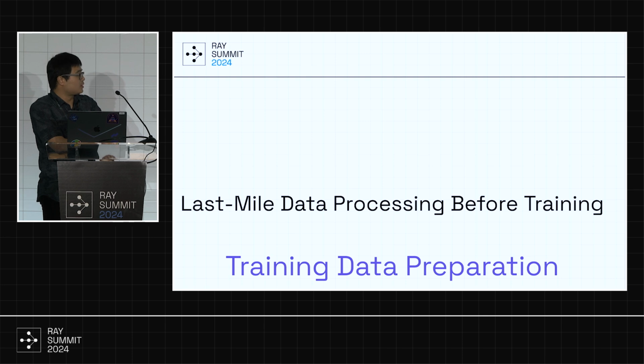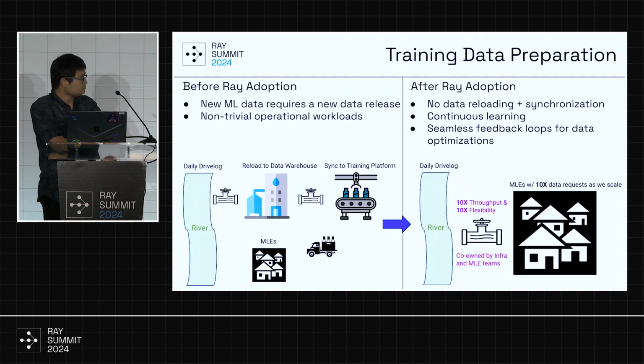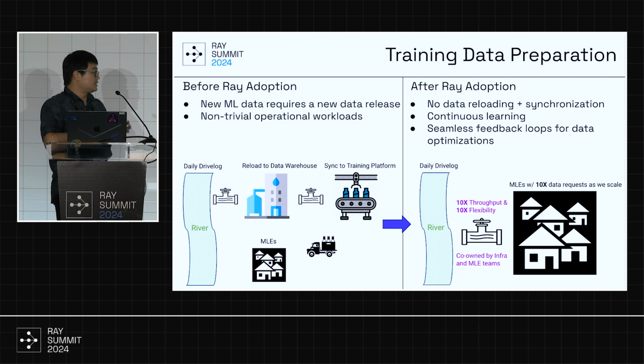The first part is last mile data processing before training. Before Ray was adopted in our company, here is how we processed data. First, we use our driverless cars to collect data in the form of daily drive logs.